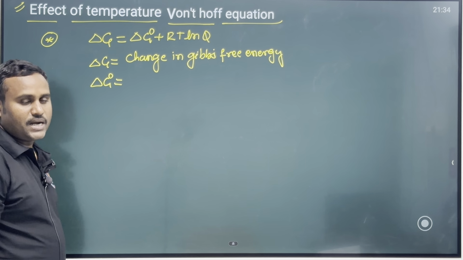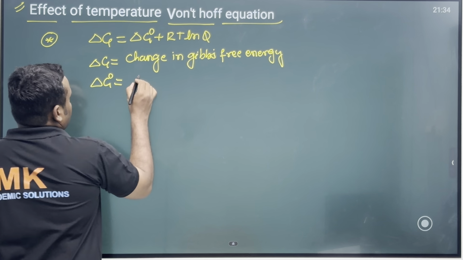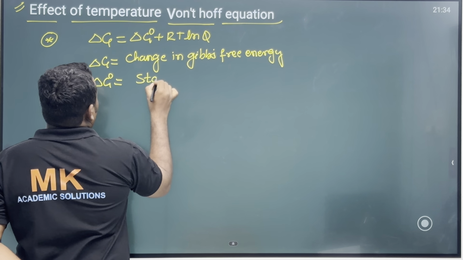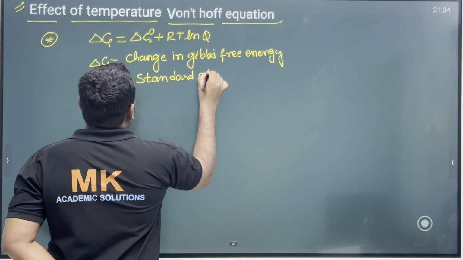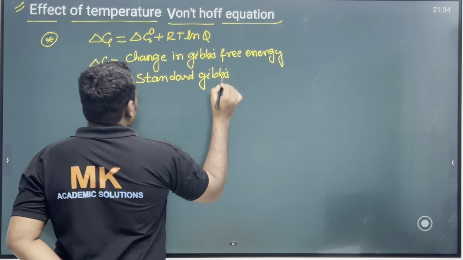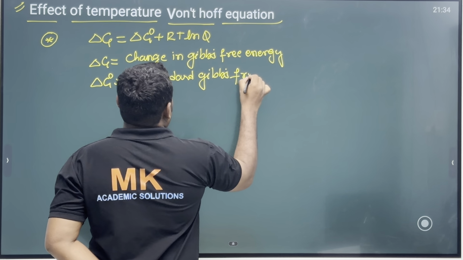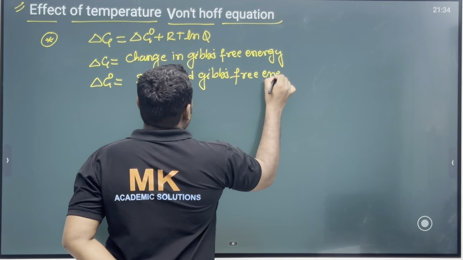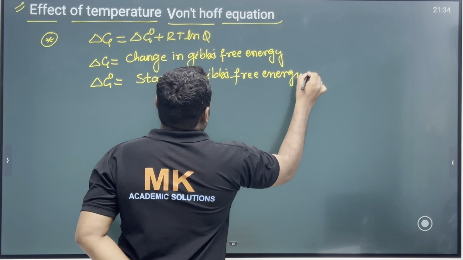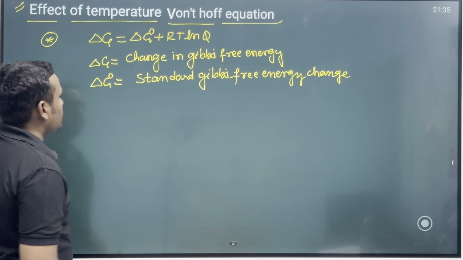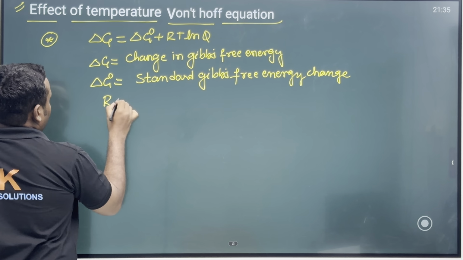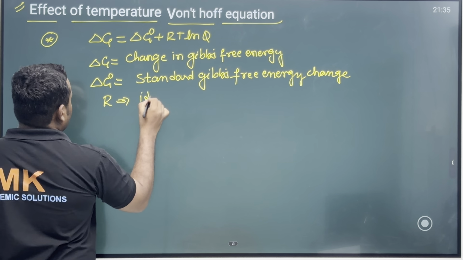is equal to the standard Gibbs free energy change. Next, R is the ideal gas constant.